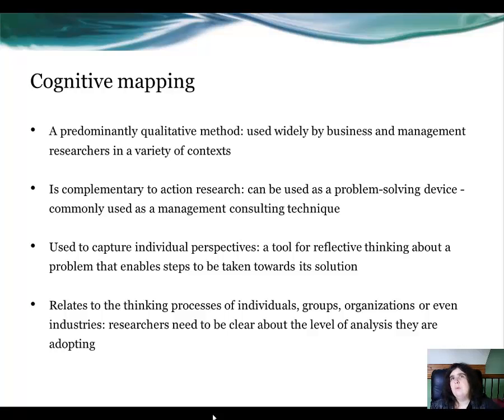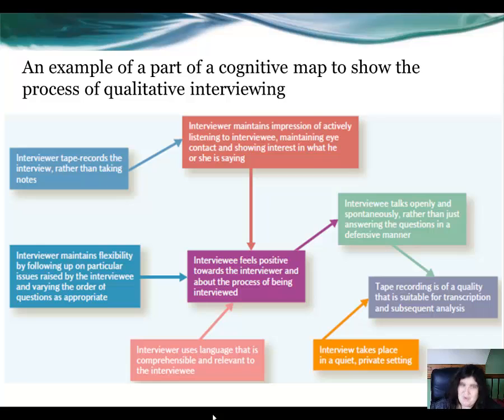It's a tool for reflective thinking about a problem that then enables steps to be taken towards its solution. And it relates to the thinking process of individuals, groups, organizations, or even industries. What does a cognitive map look like? And this is the last slide in the nature of qualitative research.